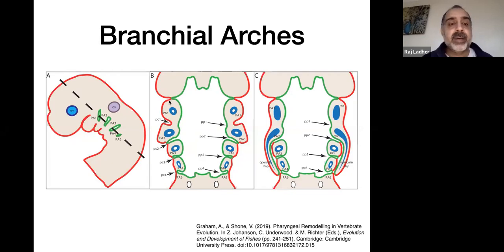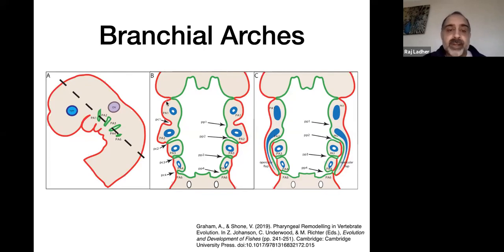It's surrounded on the outside by ectoderm, on the inside by endoderm. The endoderm here is in green. And at particular points, the ectoderm and endoderm meet, so they have no intervening mesoderm. And at these points, what we have is what's called the pharyngeal pouch, or branchial pouch, or pharyngeal cleft. Okay, and so these are just where the ectoderm and endoderm have met or have come very close together.